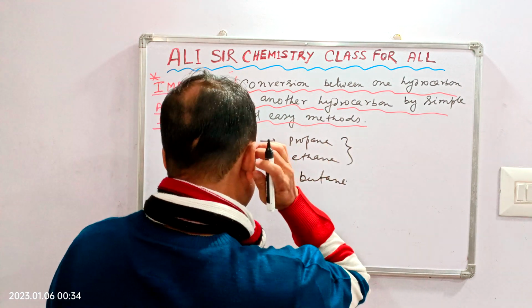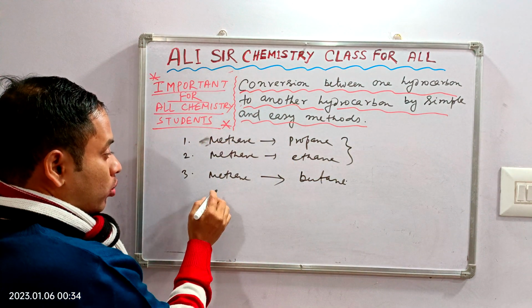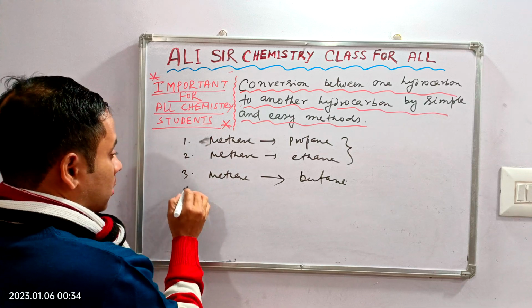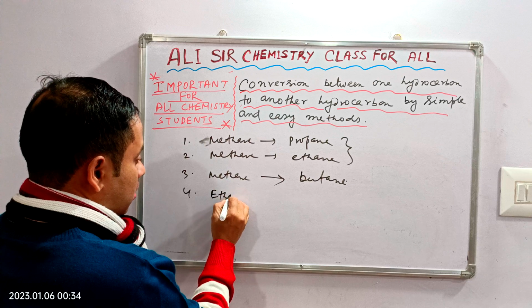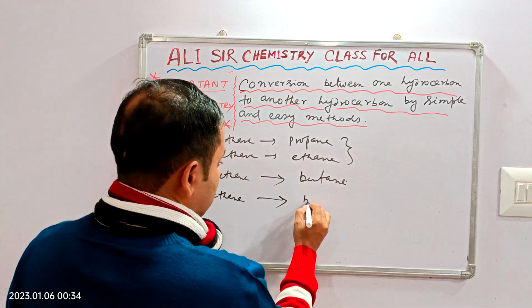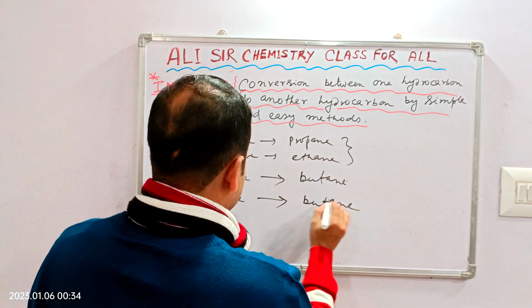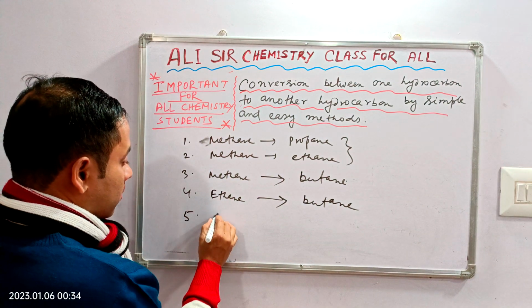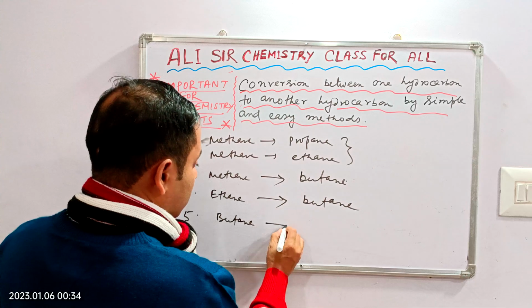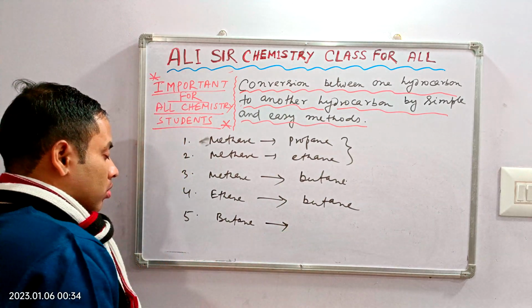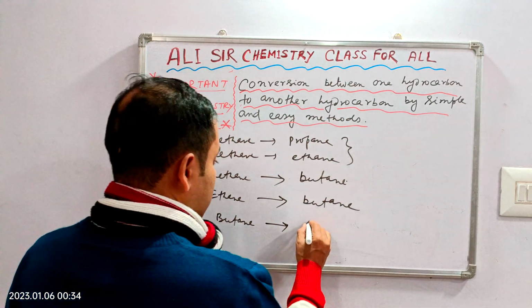These two we have already done. This is your homework: methane to butane. You can change ethane to butane. Number 5, butane to pentane.